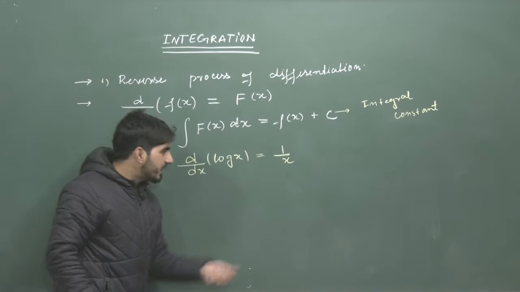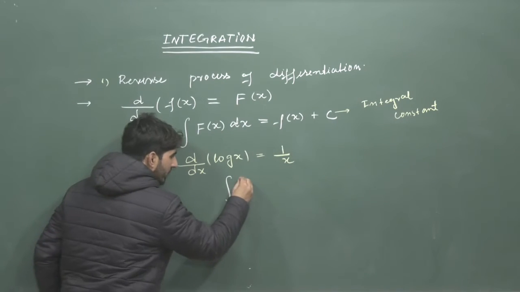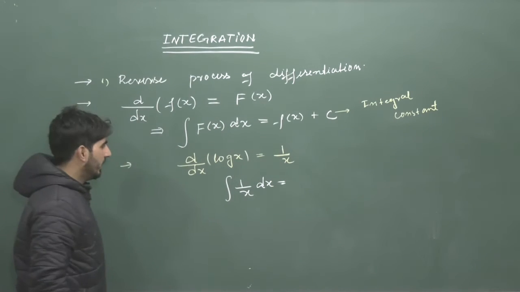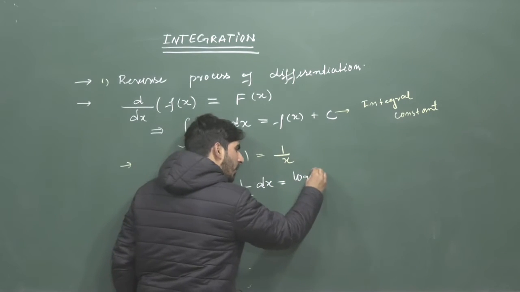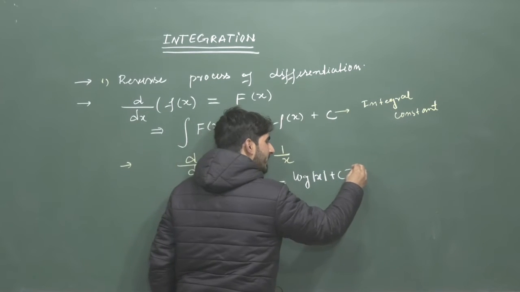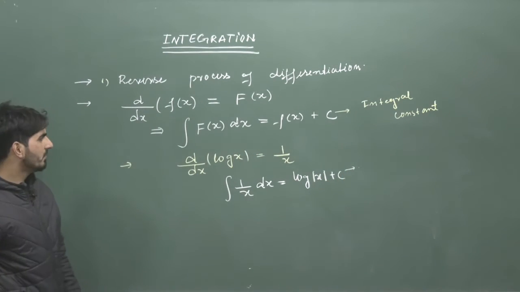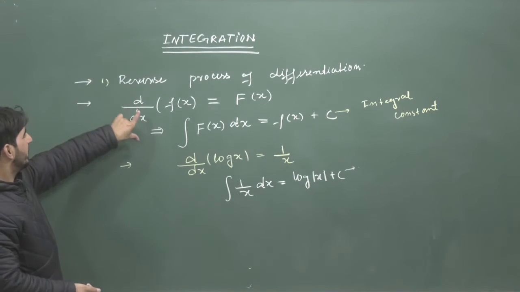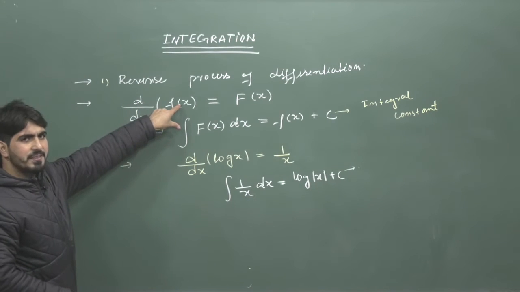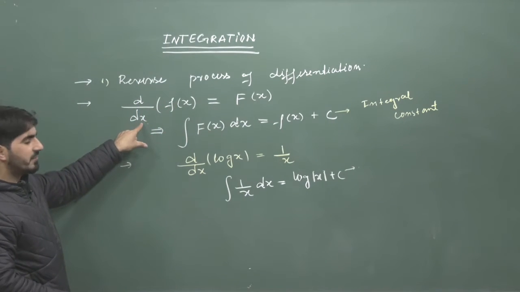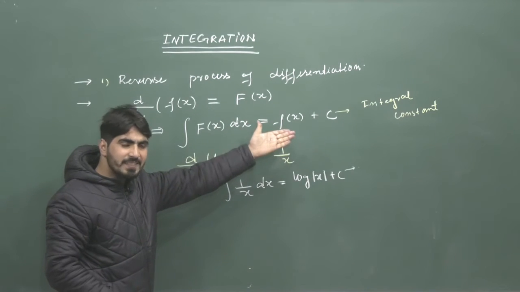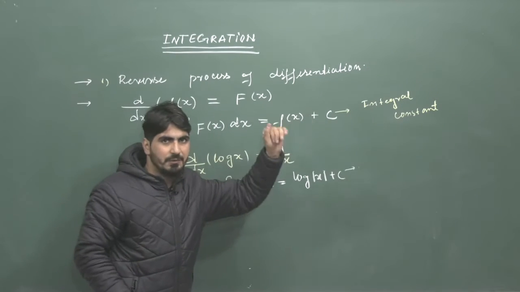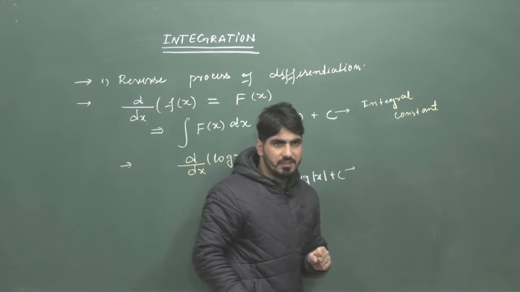So in other words, we can say integration of 1 by x with respect to x is log of mod of x plus c, where c is integral constant. So from this definition, derivative of small f of x with respect to x is capital F of x. So we can say here integration of F of x dx is small f of x plus c, where c is the integral constant.